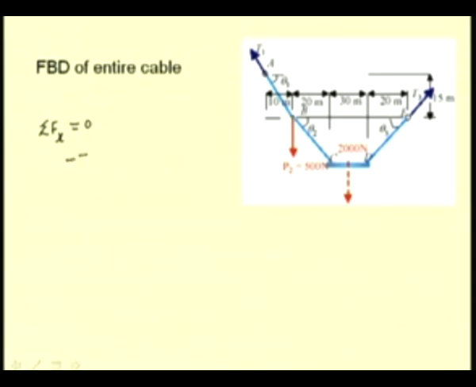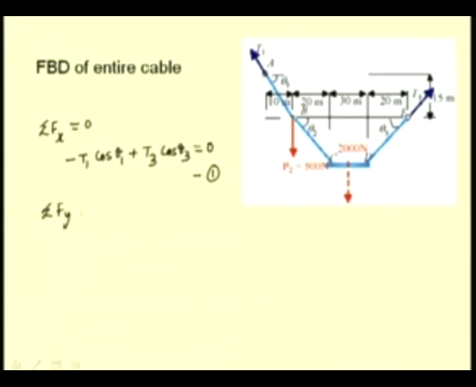So, we have minus T1 cos theta 1. Then we have the horizontal component of this force T3 in the positive direction. So, plus T3 cos theta 3. We do not have any other horizontal forces. So, this has to be 0. So, let us say this is our equation 1.